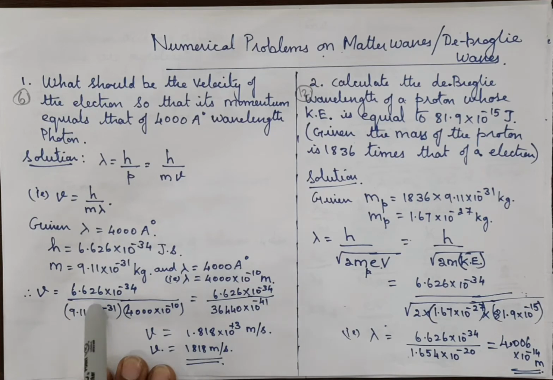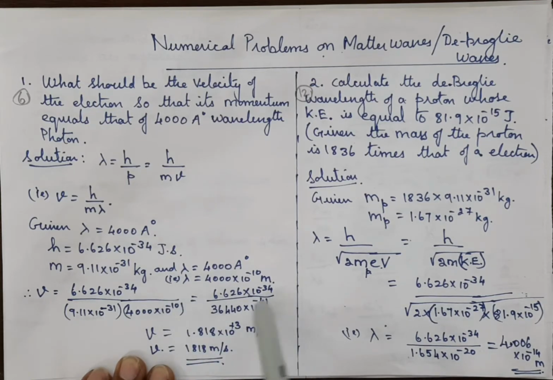We use brackets so that we don't make mistakes while calculating, right? The mass is inside the bracket, and similarly lambda is also put inside the bracket, 4000 into 10 power minus 10. If we simplify, the denominator is 3644 into 10 power minus 41.